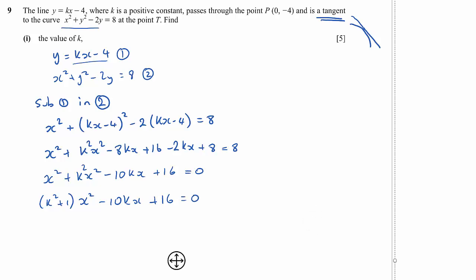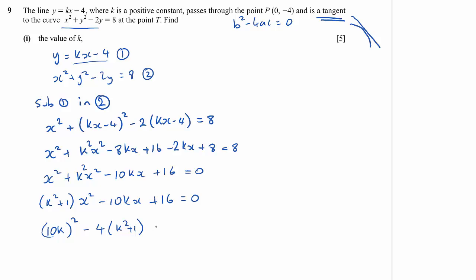Now, as discussed, this quadratic equation should only have one solution, and that means that b squared minus 4ac should be equal to 0. So we have (10k) squared minus 4 (k squared plus 1) 16 should be equal to 0.